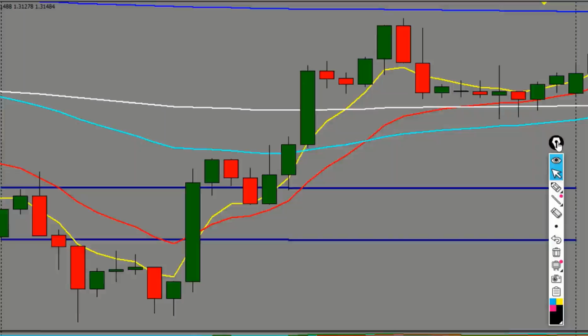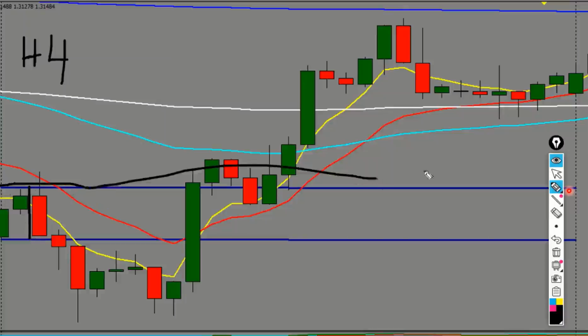Okay, let me continue. I wanted you to mark up the cycle. Like I said, this is an H4 chart. What will happen on the H4 chart is that you block the first 8 hours. Then you draw a straight line running across in here.